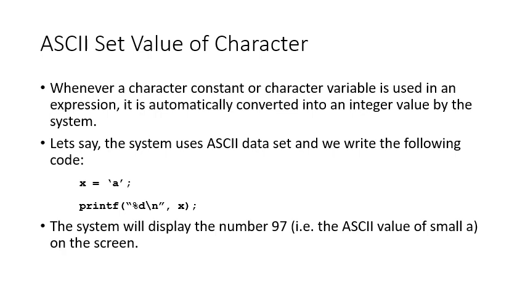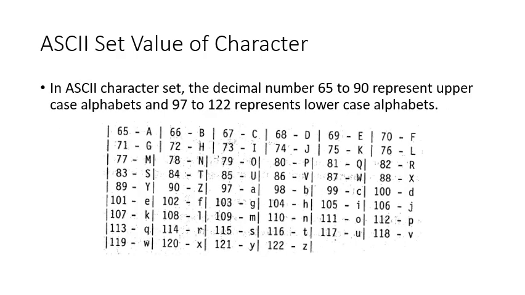So you converted the character value into a numeric value. In the ASCII character set, the decimal numbers 65 to 90 represent uppercase alphabets and 97 to 122 represent lowercase alphabets. So you can use these character codes in many ways.